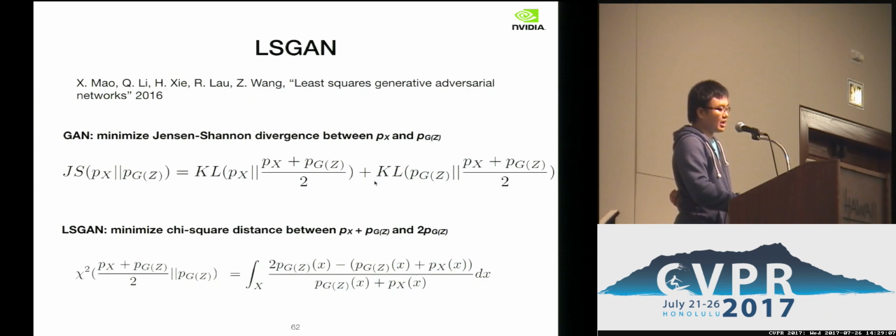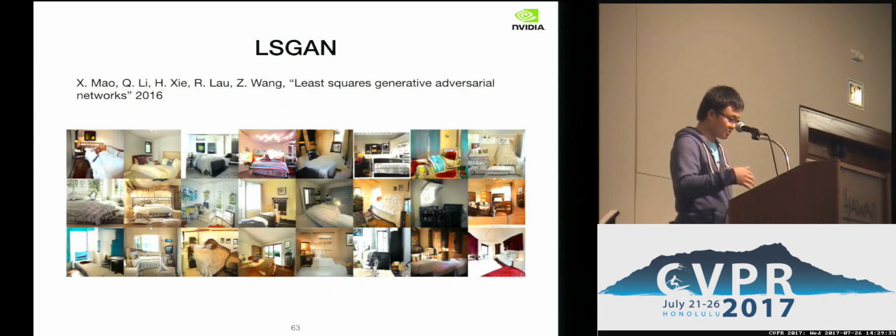But LSGAN minimizes the chi-square distance between the mixture distribution and P_G. So in this case, one of the target distributions is a mixture of the generator distribution and the true data distribution. It was reported that it provides more stability in GAN training.